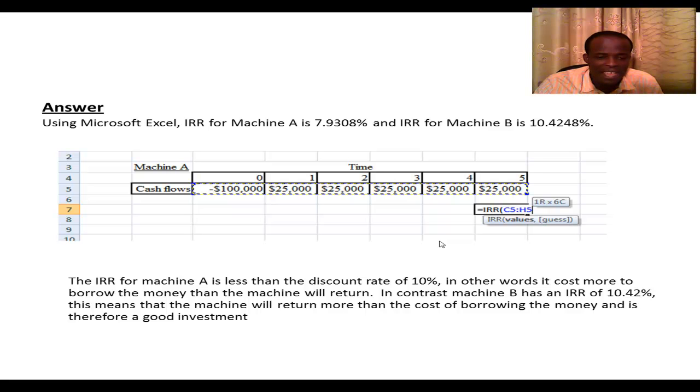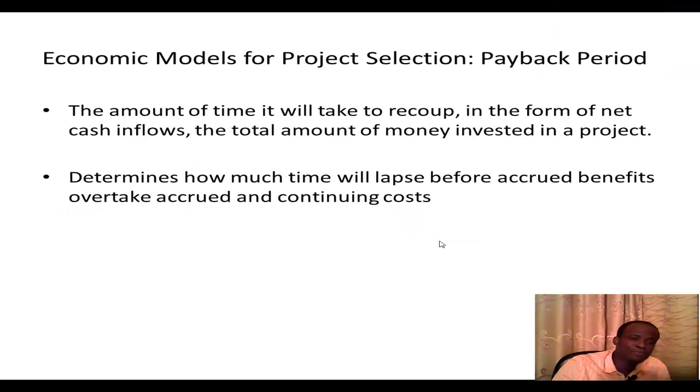And the IRR of machine A was found to be less than 10%. In contrast, machine B has an IRR of 10.42%. This means that machine B will return more than the cost of borrowing for the machine and is therefore a good investment. So in this slide, you realize that machine B has a higher IRR than machine A, and so machine B is seen as a good investment.